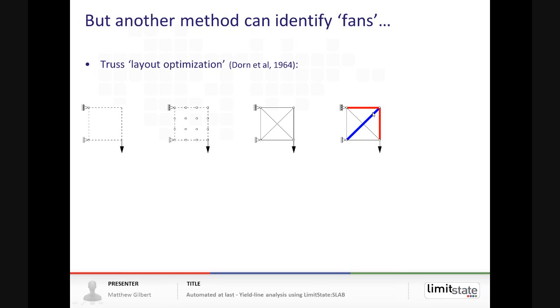So here we've put in very few nodes. If we put in more nodes, then we can get more complex truss topologies, and you can actually see here that we get a fan-type geometry.